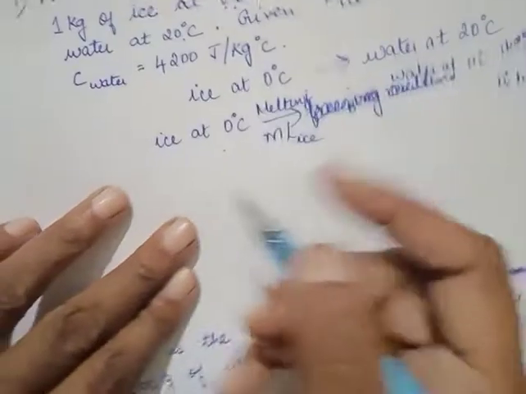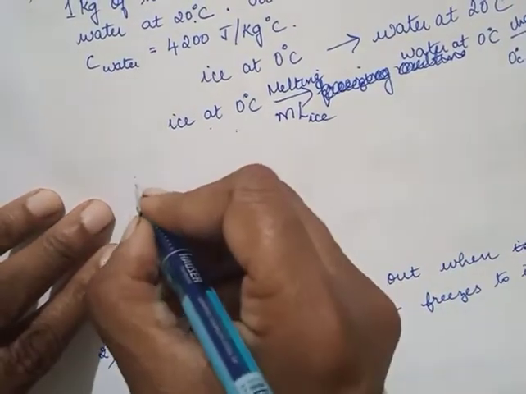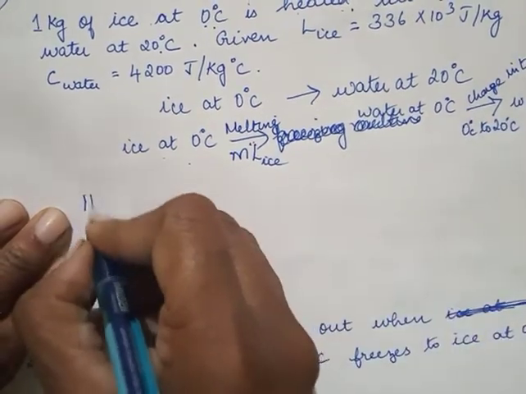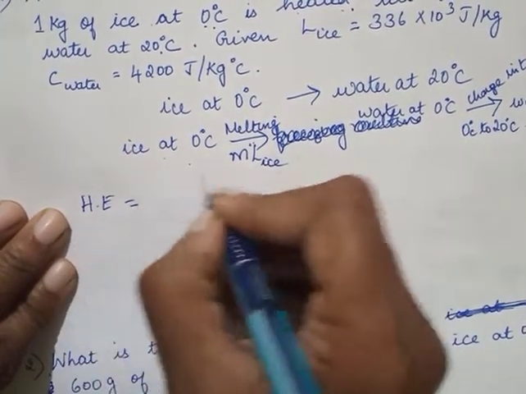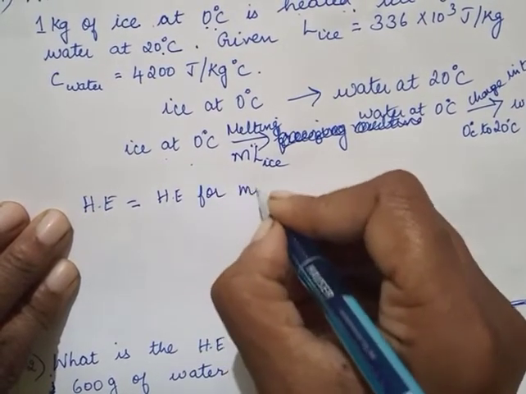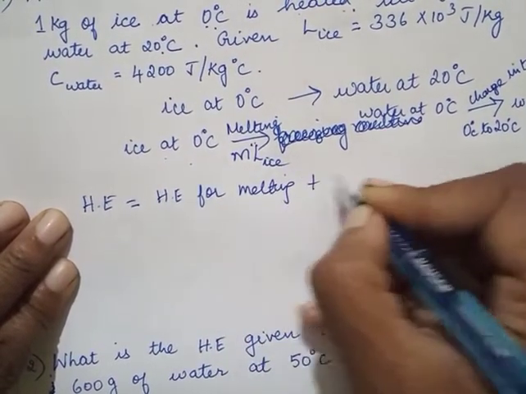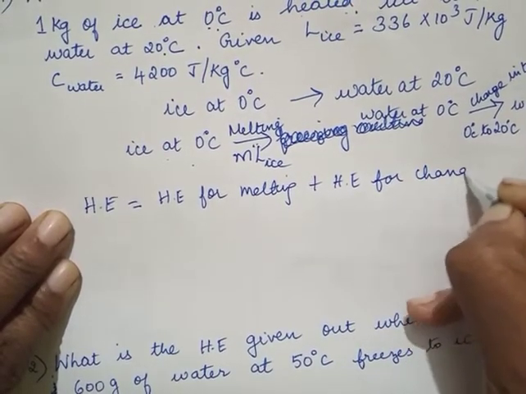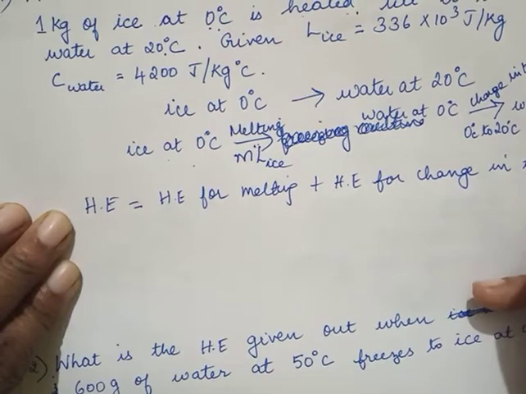Second, so two things are involved. Melting and then change in temperature. So the total heat energy required will be heat energy for melting of ice plus heat energy for change in temperature.